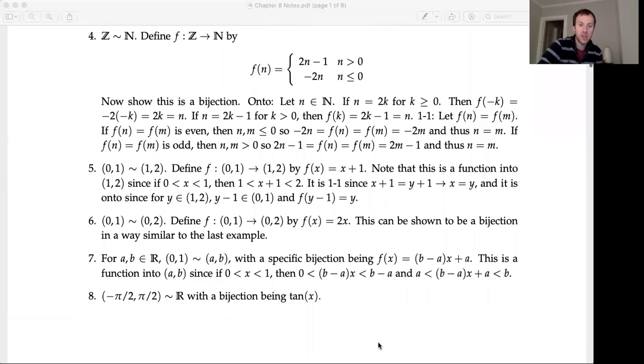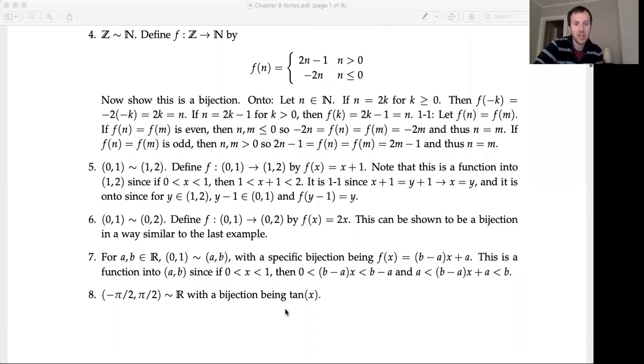But things get even crazier. Using a more exotic function, tangent is a bijection from (negative pi over 2, pi over 2) to the real numbers. Remembering the graph of tangent, it is something like this with asymptotes at negative pi over 2 here and pi over 2 here.